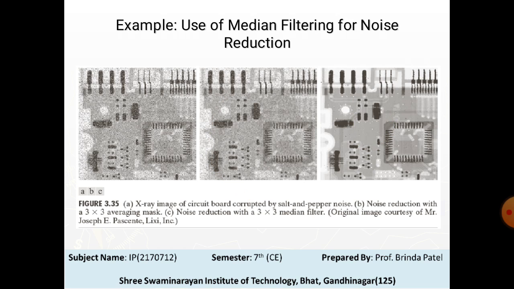The averaging filter blurred the image and its noise reduction performance was poor. So the superiority in all aspects of median over average filtering in this case is quite evident. In general, median filtering is much better suited than averaging for the removal of salt and pepper noise.